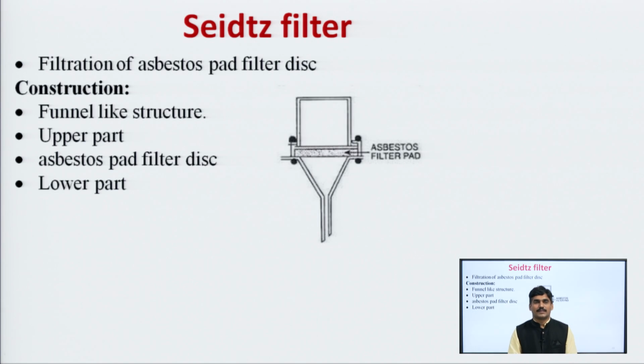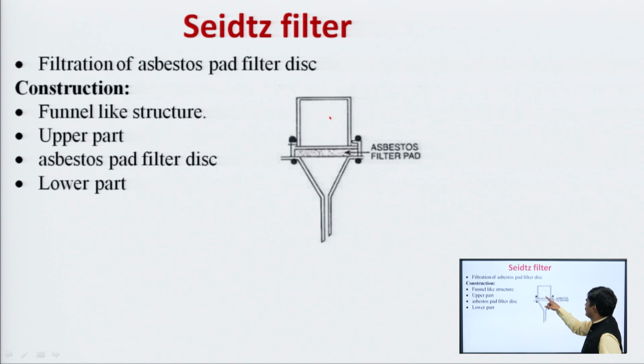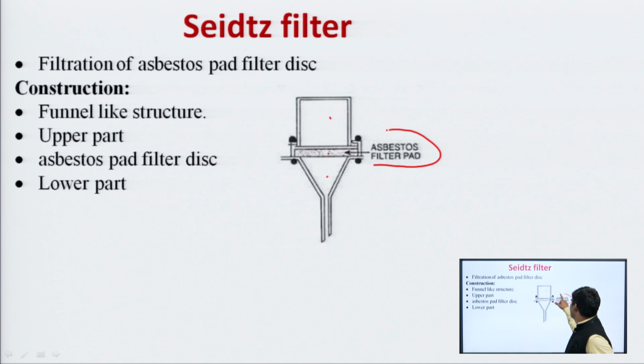Now, the last filter is the Seitz filter. This filter is made up of 3 different layers: first, second and third, upper part, lower part and middle part. The filter is made up of an asbestos filter pad.